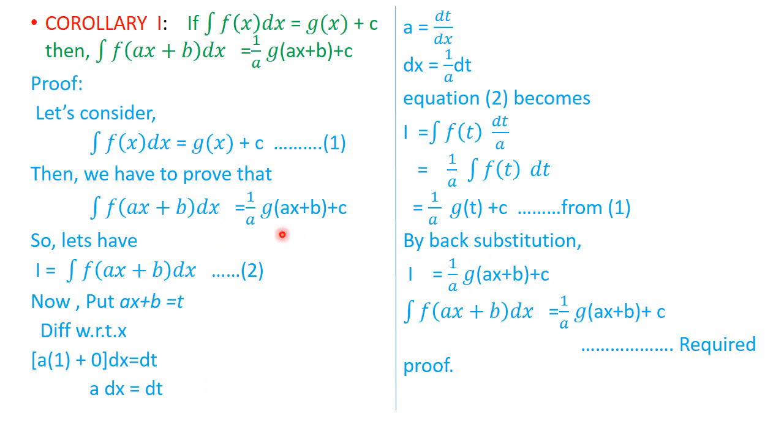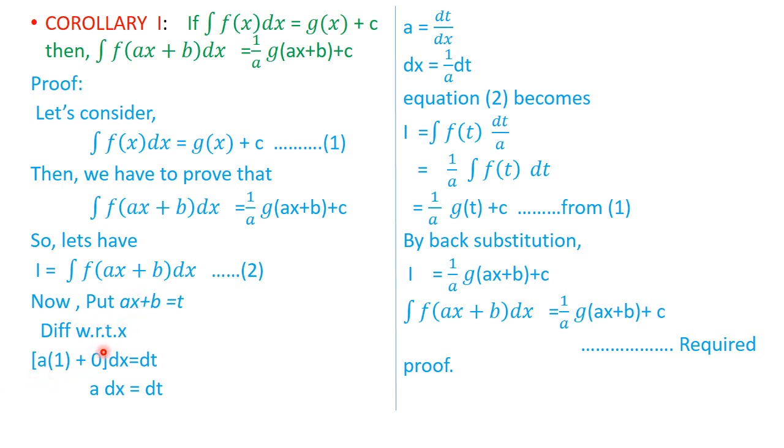To prove this, let us consider the LHS. I is equal to integration of f of ax plus b dx. Now we want to change this variable, so make a substitution: put ax plus b equal to t. Differentiate with respect to x.